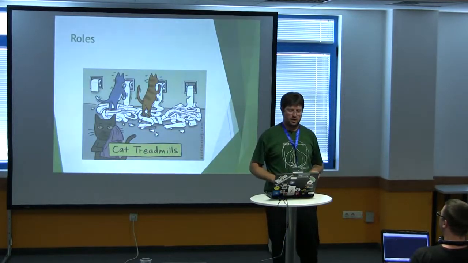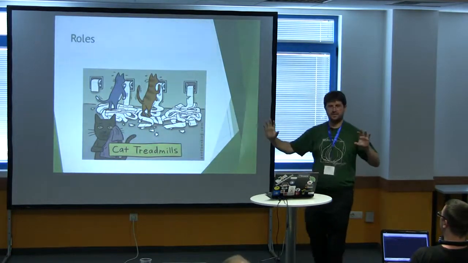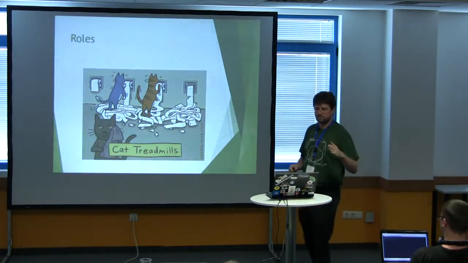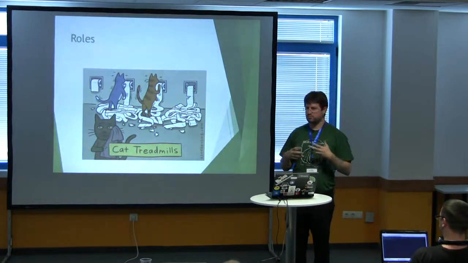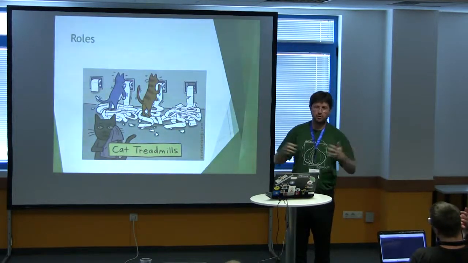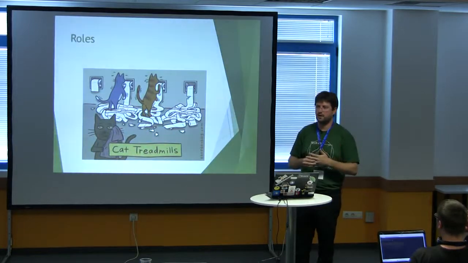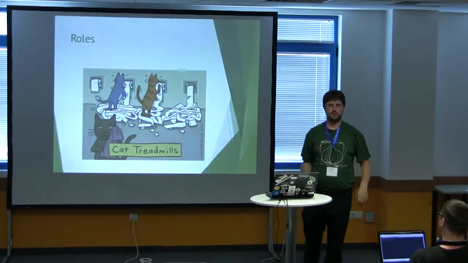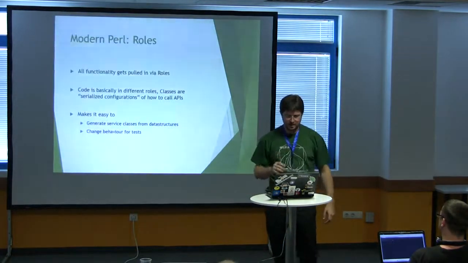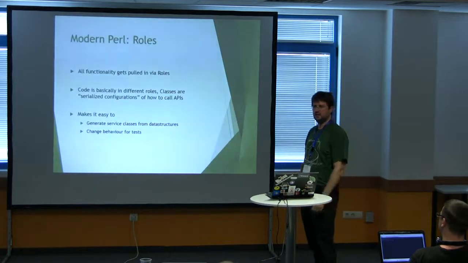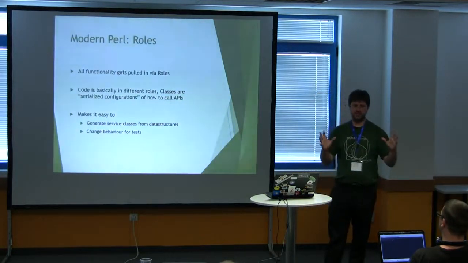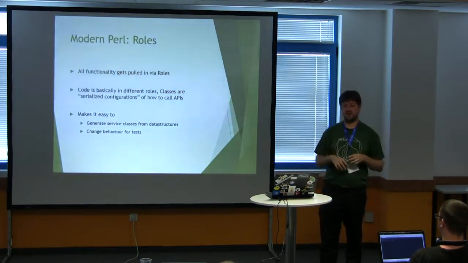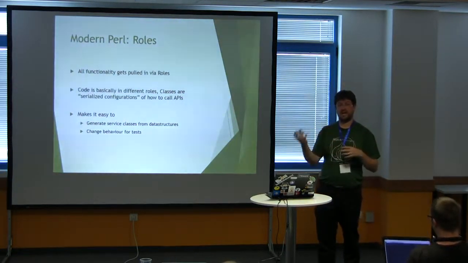So we put our code to work, and the thing is separating tasks. You guys do this, you guys do that, and how do you do that? Well, it turns out that Moose has roles. You should probably know of roles by now, but it's a way of popping some code into a class. So the idea was that all functionality, don't generate code, just treat the classes that are generated by the definitions like a serialized representation of what has to be done.